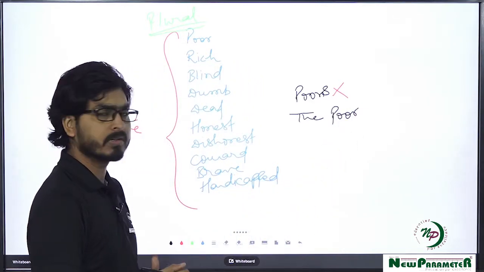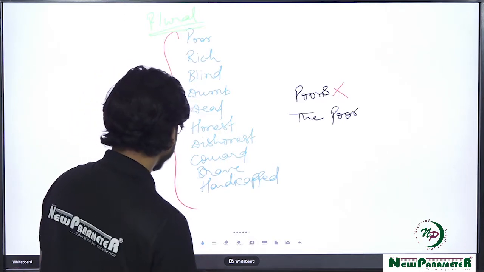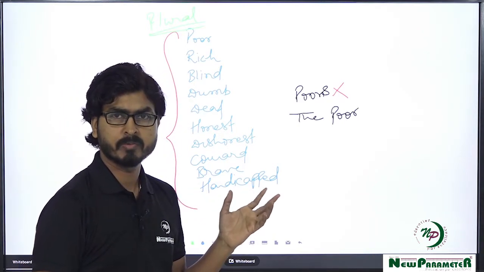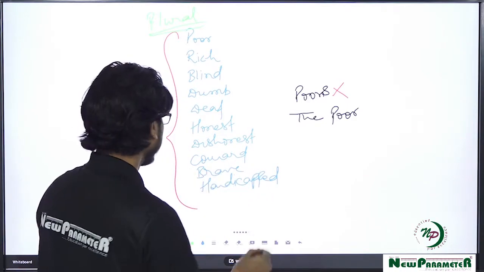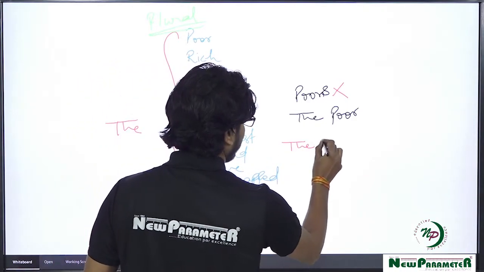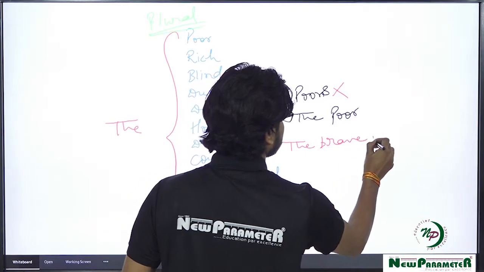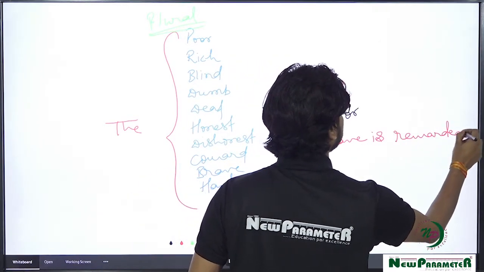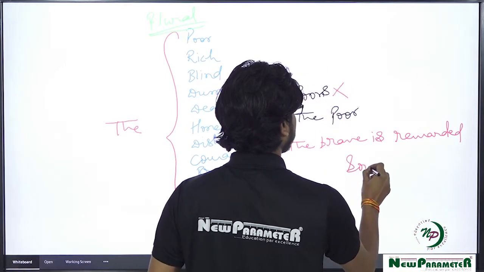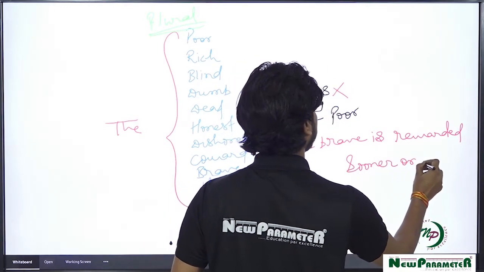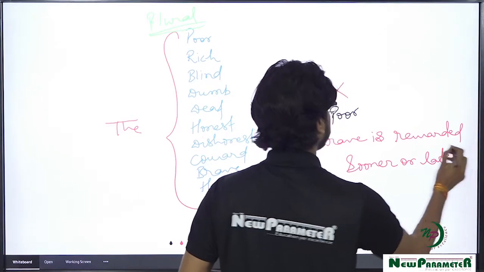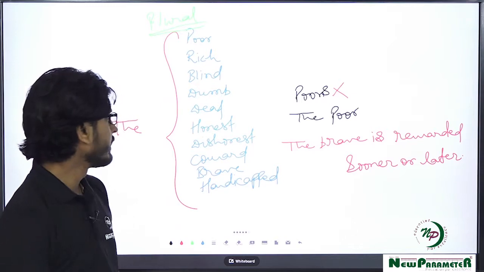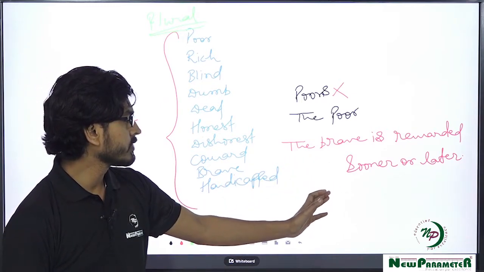I'm just giving you a sentence which was generally asked in an examination. I don't remember the name of that examination. The brave is rewarded sooner or later. This question was asked in your examination. The brave is rewarded sooner or later.